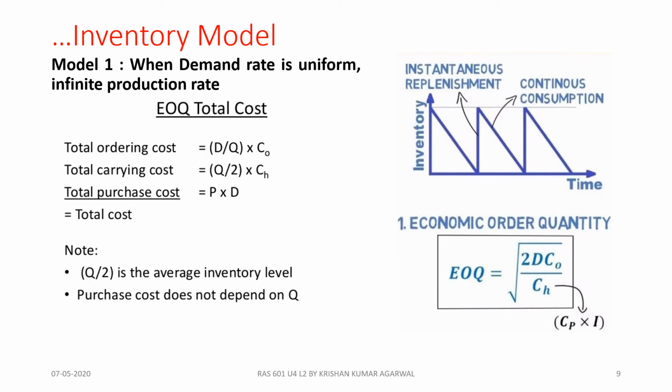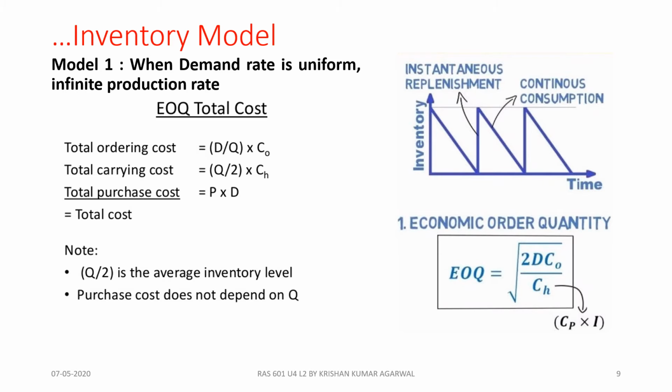Here, the first model is represented in the slide, where you can see a graph between the ordered quantity and time. Here you can see that the demand rate is uniform, and obviously the production rate is also uniform, and the replenishment takes place instantaneously and continuously. The condition is that the material consumption takes place on a continuous basis.